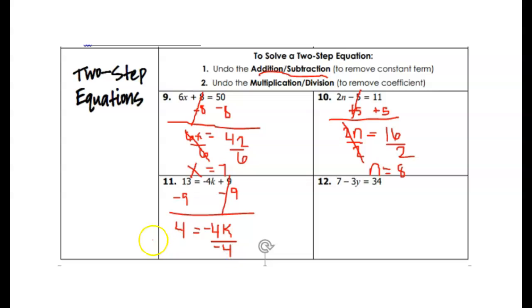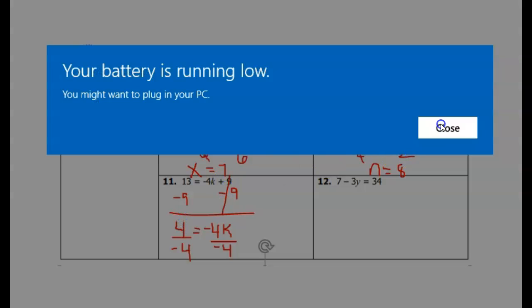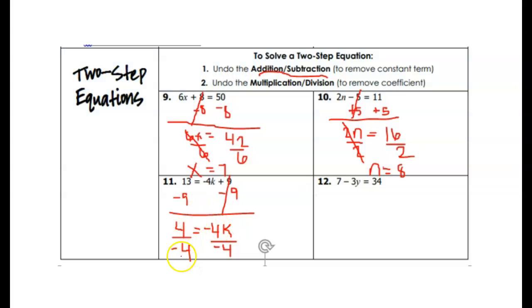I am going to divide both sides by negative 4. 4 divided by negative 4 is negative 1. And then on the left side, again, negative 4 divided by negative 4 cancels. That's just a 1. So I end up with k equaling negative 1.